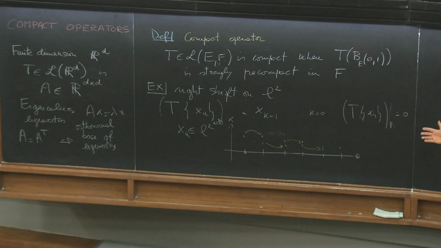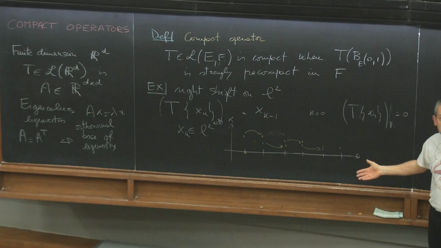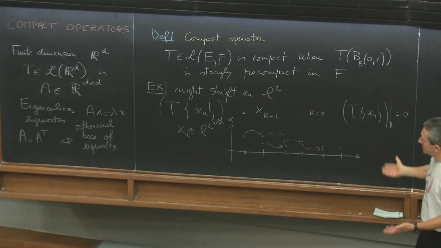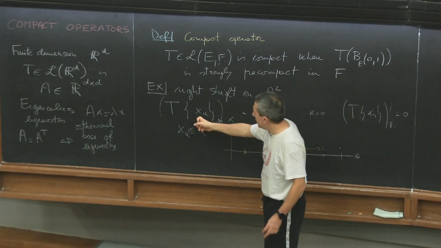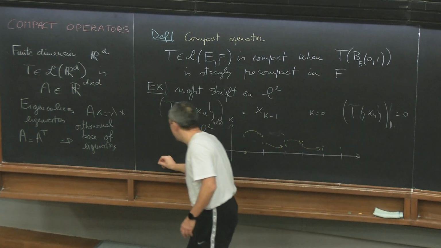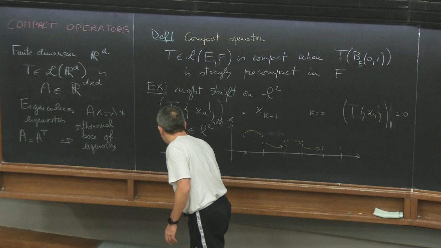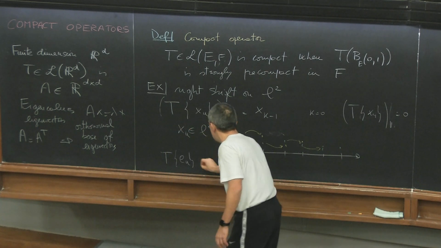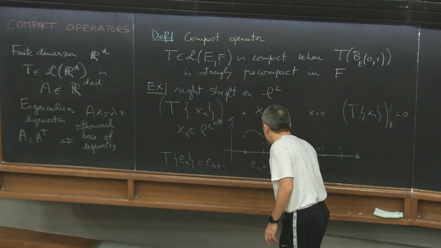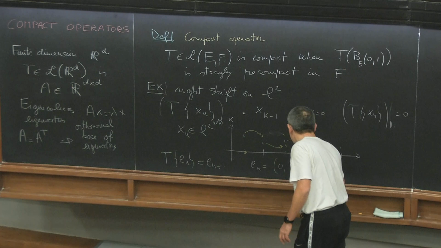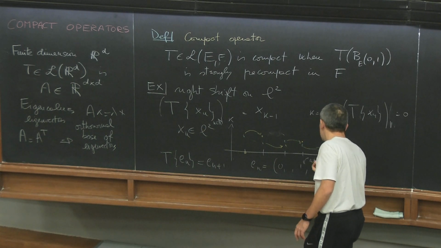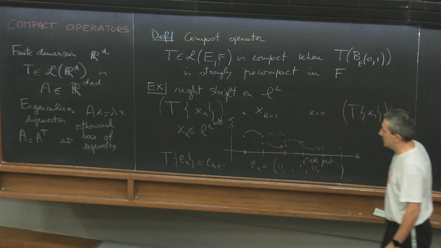So this is clearly non-compact because, for example, you can prove it with the image of the unit elements. T of e_n is e_{n+1}, where e_n is the element which is 1 in the n-th position and 0 elsewhere.